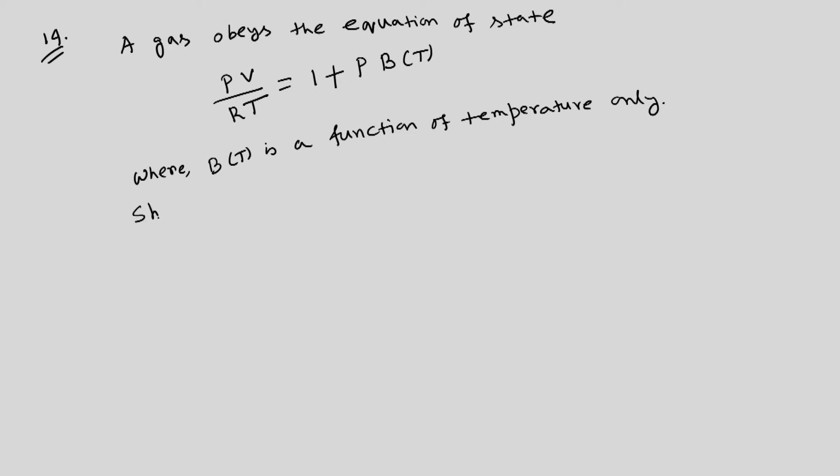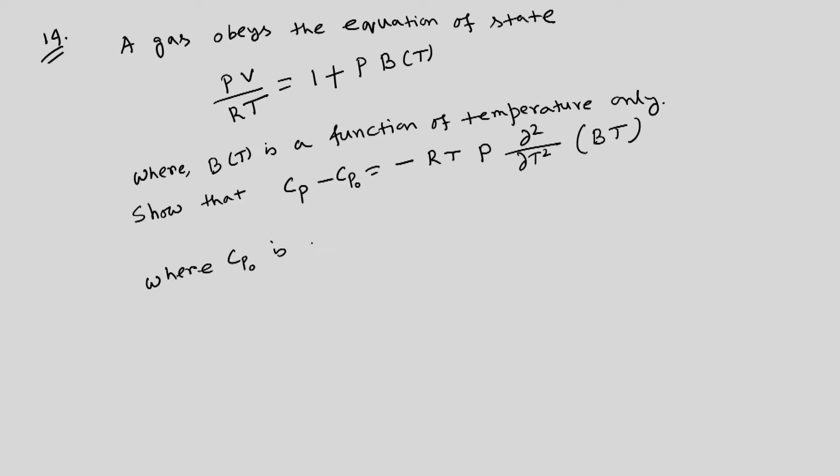Show that Cp minus Cp naught equals minus RTP del 2 by del T2 of B(T), where Cp naught is the value of Cp at some reference temperature.